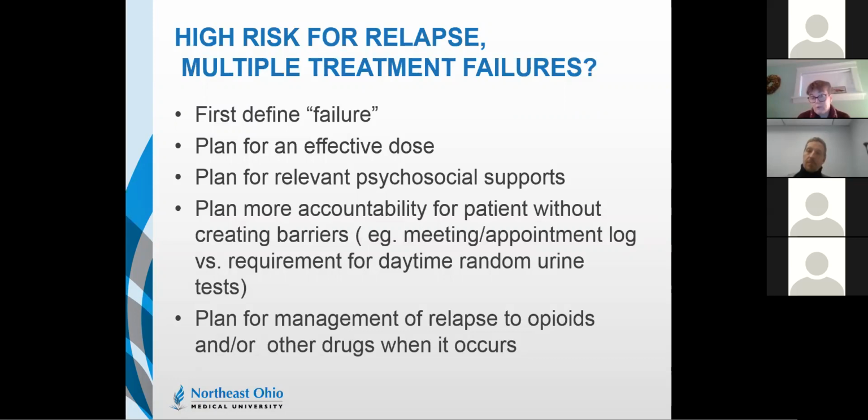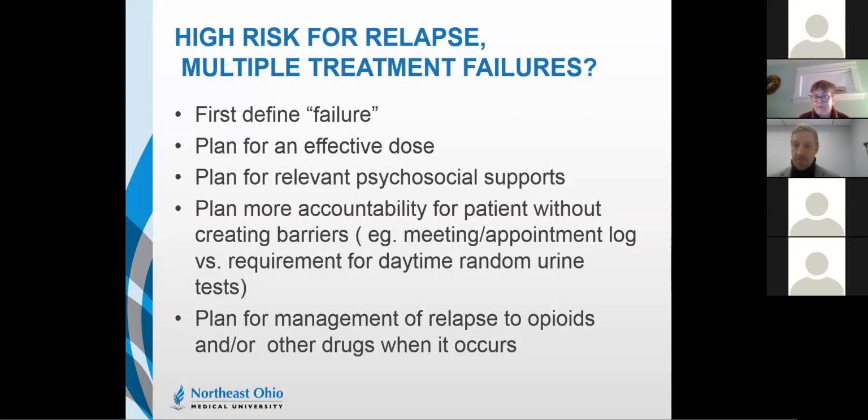Those people with multiple relapses and treatment failures, we really want to define what we mean by failure. What failed? Did they fail, or did we just fail to provide them with what they needed? For example, people that say they failed a buprenorphine treatment, but their maximum dose was, say, 4 or 8 milligrams, might certainly do better at a higher dose.